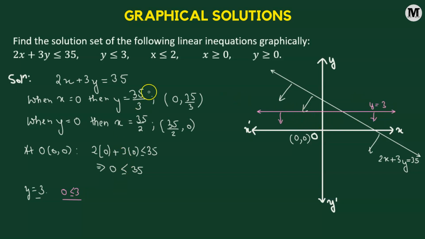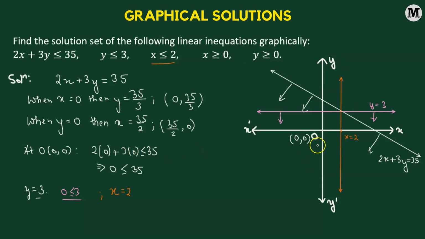Okay. Next, we'll consider the inequality x less than or equals to 2. For this, we'll be considering the equation x equals to 2. Now, x equals to 2 is going to be a line that passes through the point x equals to 2. So let's consider this as the point x equals to 2. And it's going to be a straight line which is parallel to the y-axis.